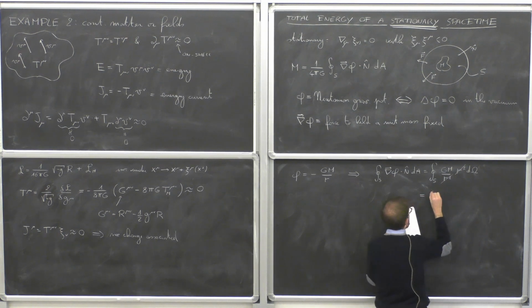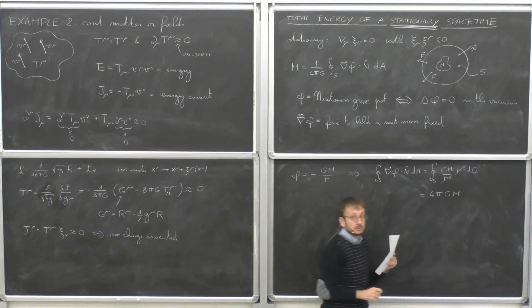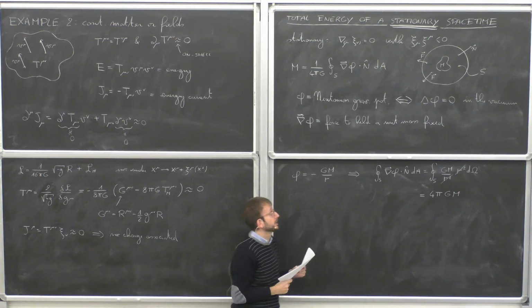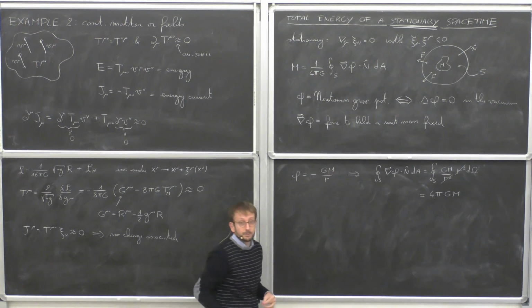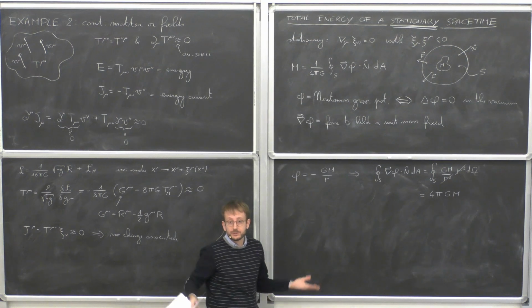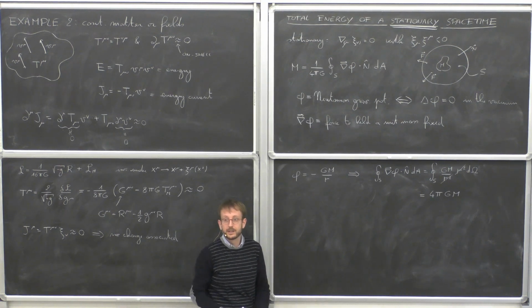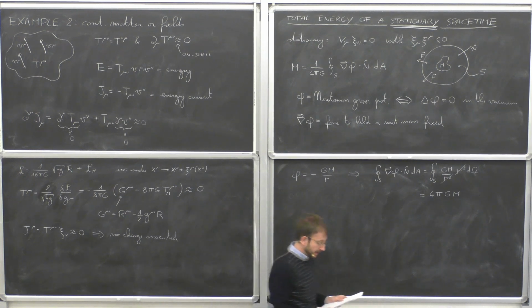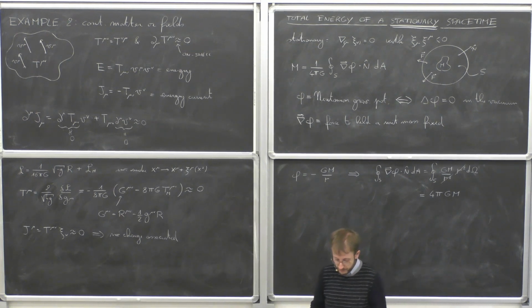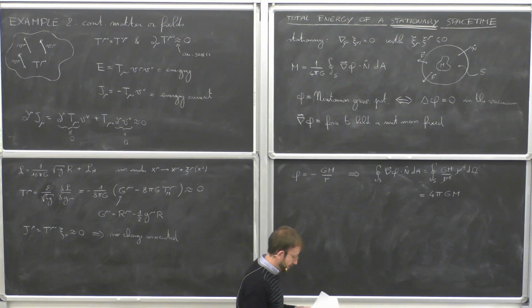Then I can perform the integral over the angles, and I just get a 4 pi. So at least in this particular case, we agree. You understand in this way why I put this 4 pi in front of the expression: it's just the 4 pi that I gain when I integrate over the sphere. And at least in this example, I recover the mass contained inside the sphere.